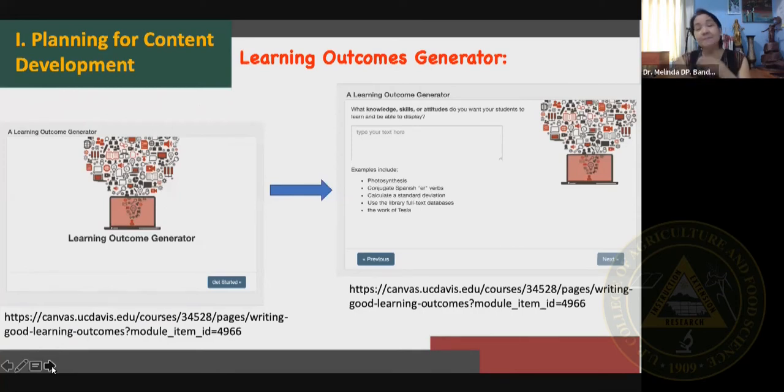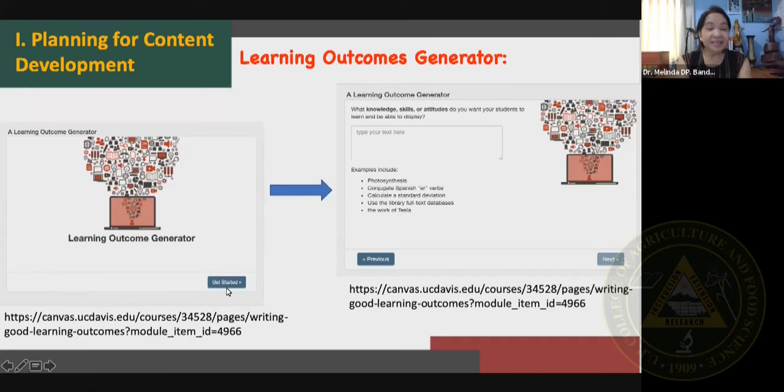So again, if we go back to the level of knowledge being required in a licensure exam, this learning outcomes generator can help us kung paano tayo magsusulat ng learning outcomes.